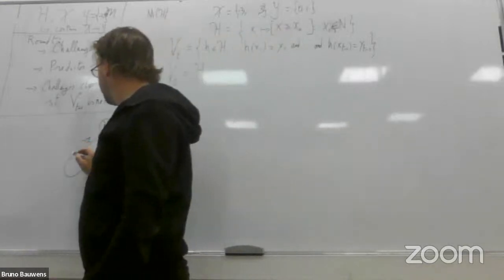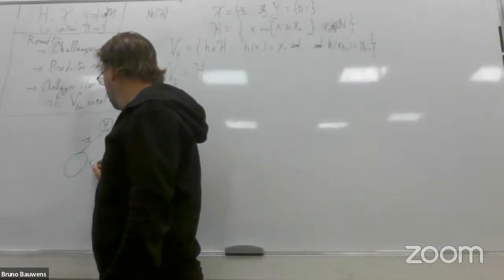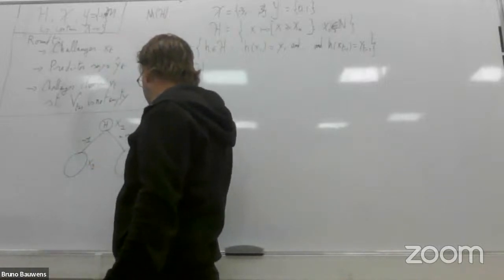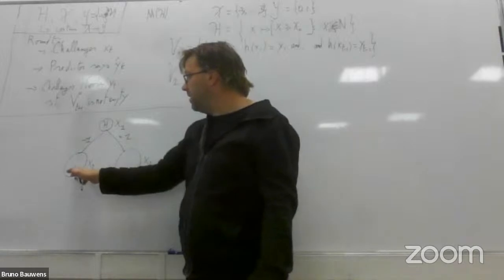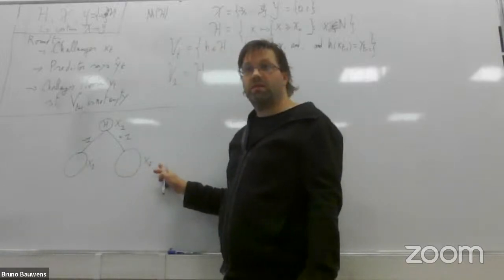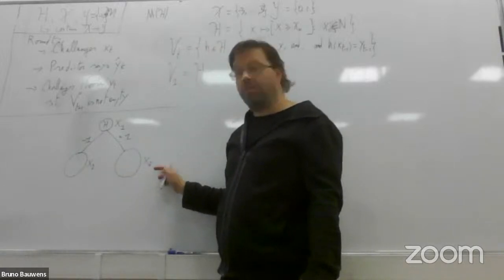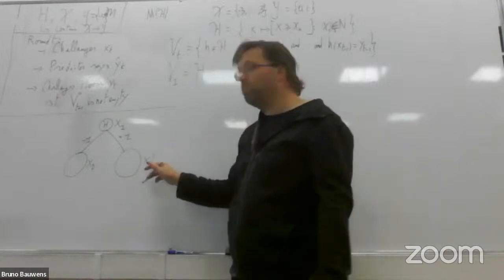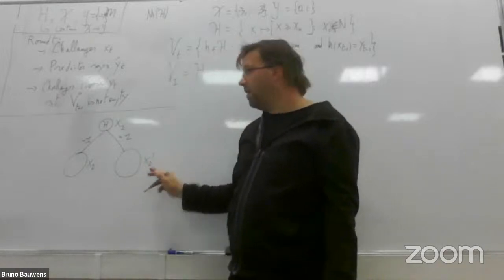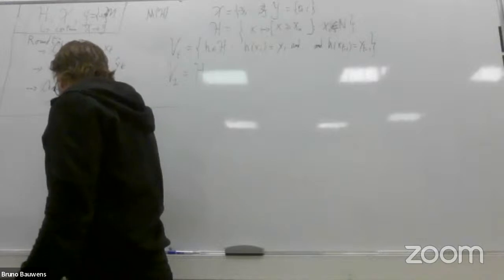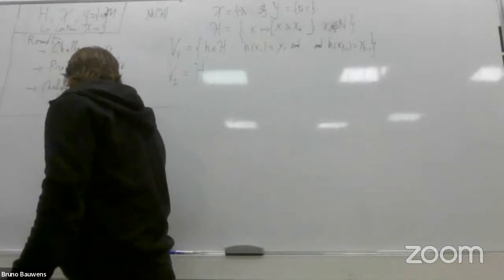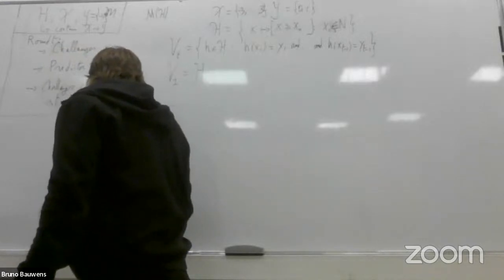And then again, I can label this node by a value of x_2. But the label here and the label here does not need to be the same. Okay, so let's say x_2 prime. And then we can continue. And in this way, we get the game tree.